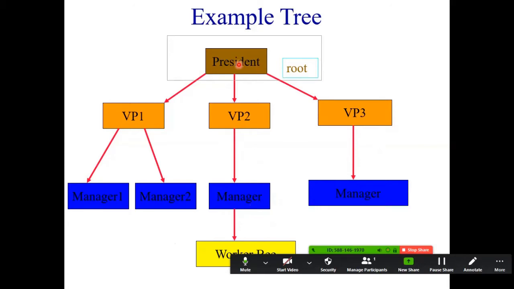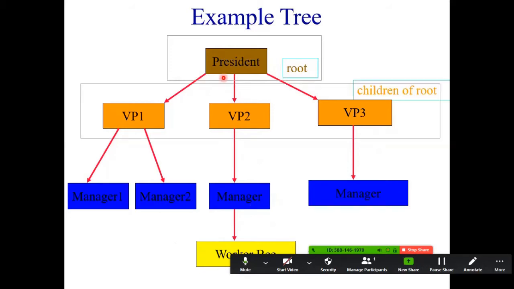The president is called the root, the overall soul of this company. The president is at the first level. The second level is the vice presidents. VP1, VP2, and VP3 are called children of the president.